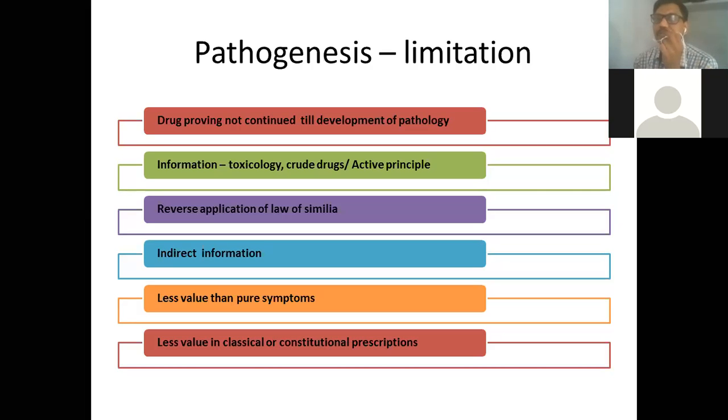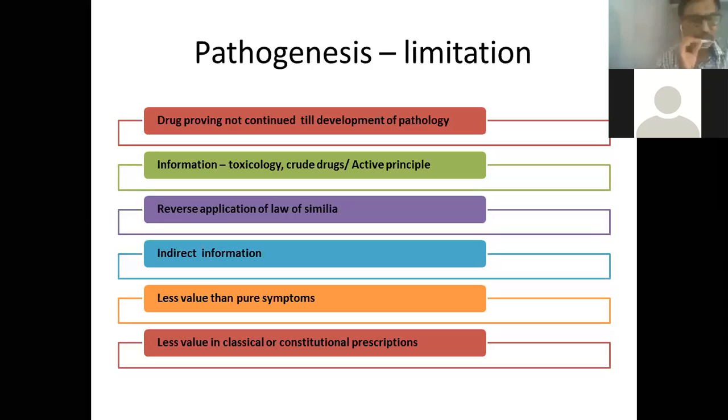But this throbbing and yellowish discoloration of skin suggests that there is some kind of abscess, and then it is reversely applied. It is reasoned that if this drug can produce throbbing pain and yellowish discoloration of skin, similar to that of an abscess, then the pathogenesis of this drug is to produce suppuration. I hope you have understood this reverse application of the law of similia.